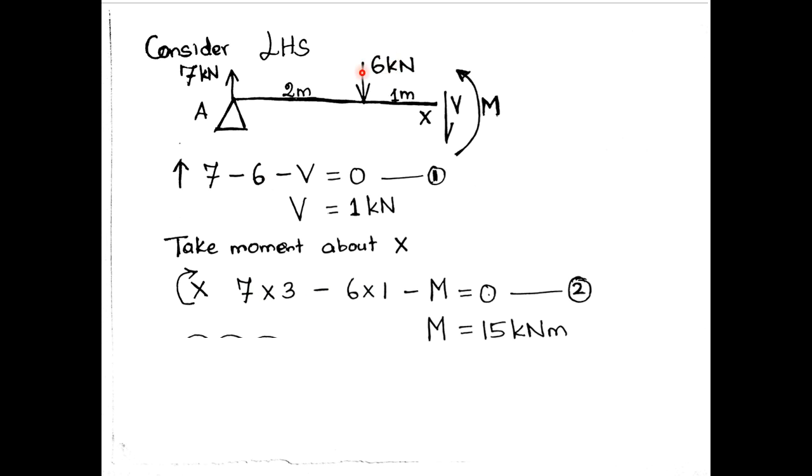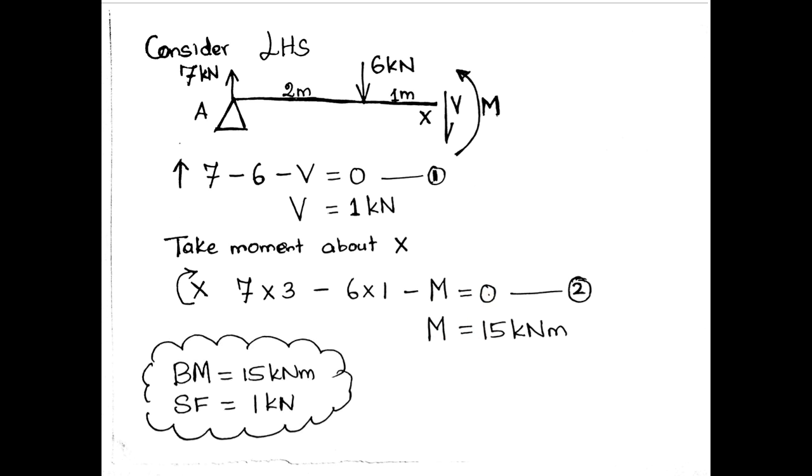This is 6, this one 1. This is actually anticlockwise moment, therefore minus. And this moment M is actually anticlockwise, therefore minus M is equal to 0. Therefore M is equal to 15 kilonewton meter. Therefore bending moment is 15 kilonewton meter, shear force is 1 kilonewton at X.